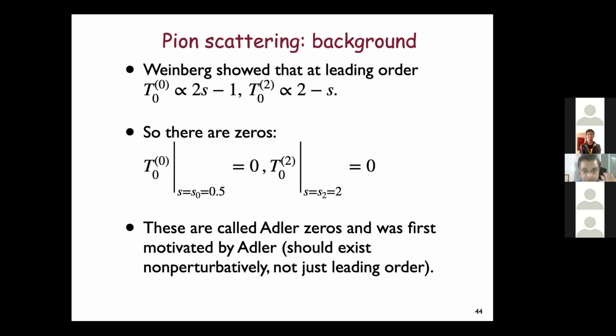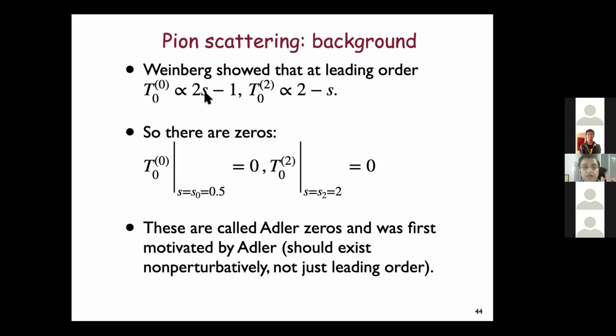And just to tell you what Adler zeros are, Weinberg showed a long time back that to lowest order in chiral perturbation theory, these particular partial wave amplitudes actually vanish. This one corresponds to isospin 0, Lorentz spin 0, and this particular amplitude corresponds to isospin 2, Lorentz spin 0.